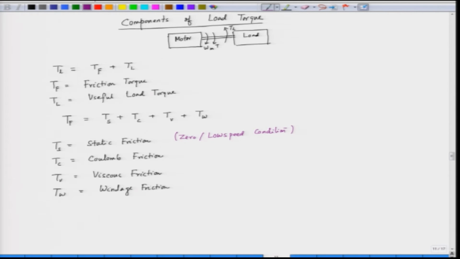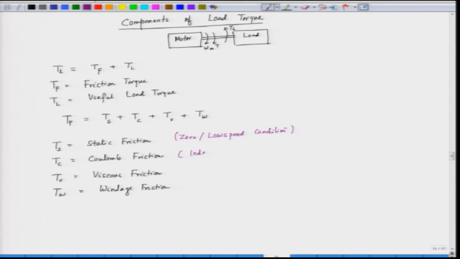And the Coulomb friction is a friction which is independent of the speed. Whether the speed is 0 or high or medium, the Coulomb friction is constant. So, the Coulomb friction is independent of speed.